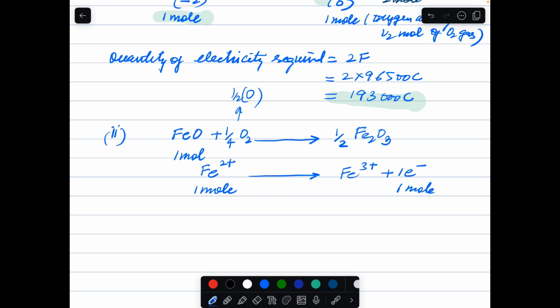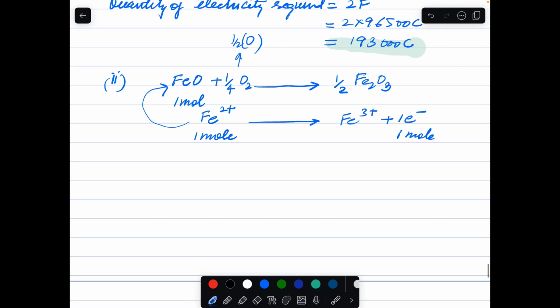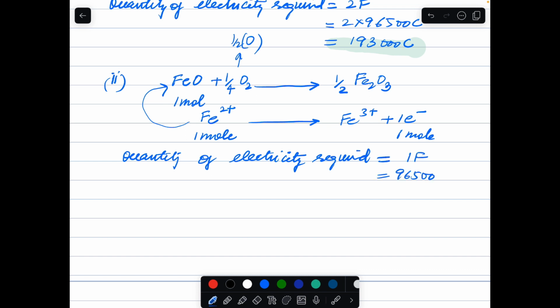Because 1 mole of Fe2+ means 1 mole of FeO, or ferrous oxide. So therefore, the quantity of electricity required will be equal to 1 Faraday, which is equal to 96500 coulombs.